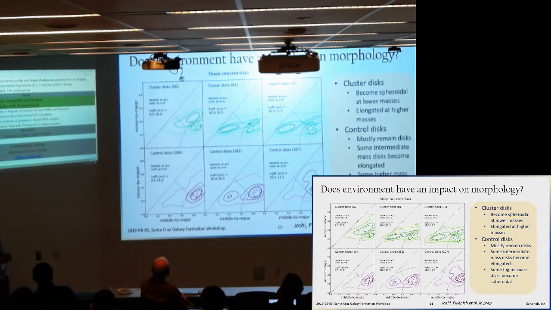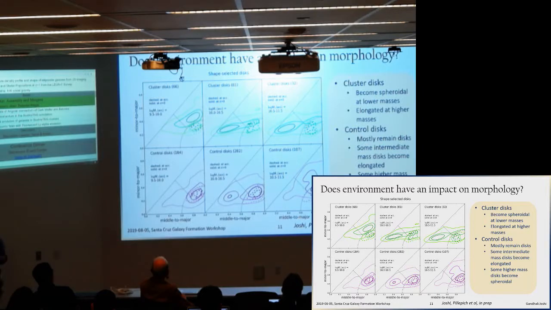And so if we go to redshift 0, for the cluster disks, you'll find that at the low mass end, galaxies tend to become spheroidal when they become non-disky, whereas at the higher mass ends, we get this population of elongated galaxies. And there's good evidence to suggest that those are actually galaxies with pretty strong bars. When you look at the control galaxies, first of all, most of them tend to remain disky, as we saw before. But at the high mass end, they tend to become spheroidal, whereas at the intermediate mass, you do find this elongated population as well.